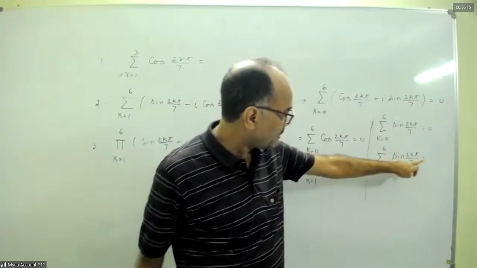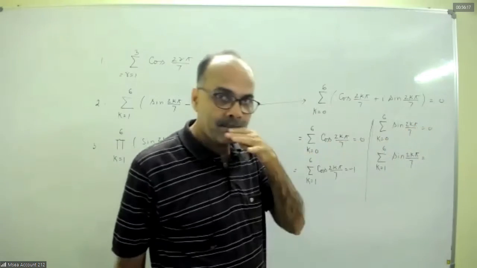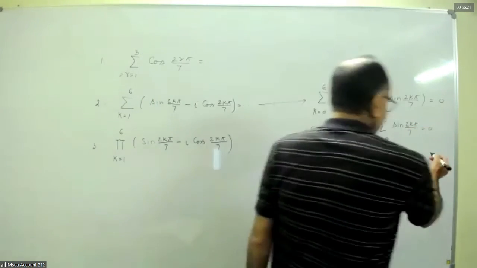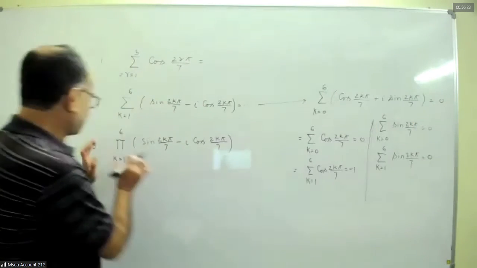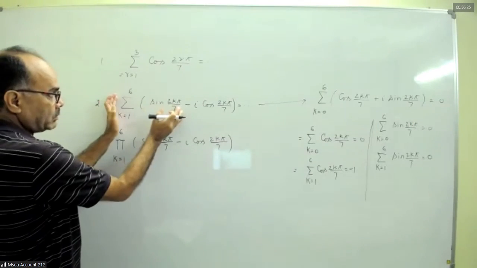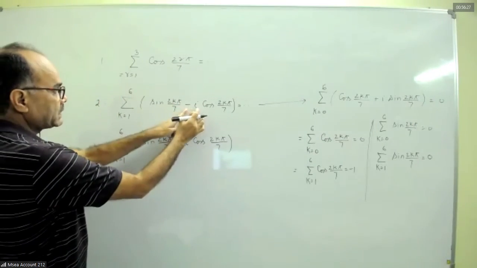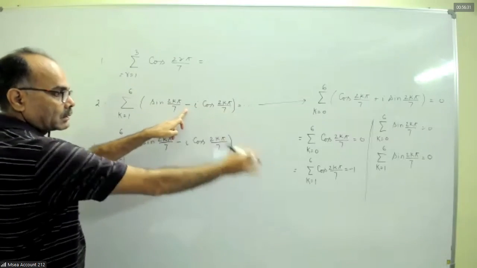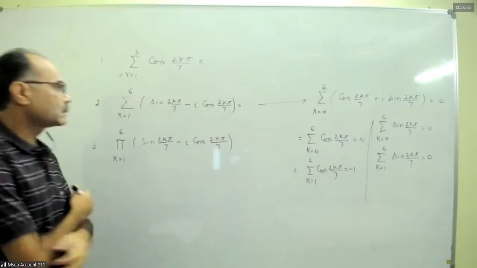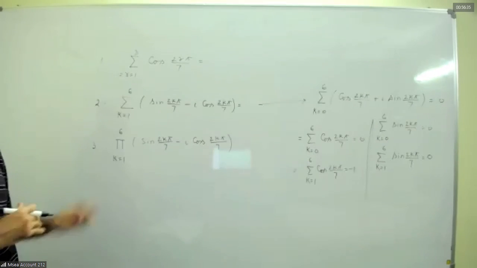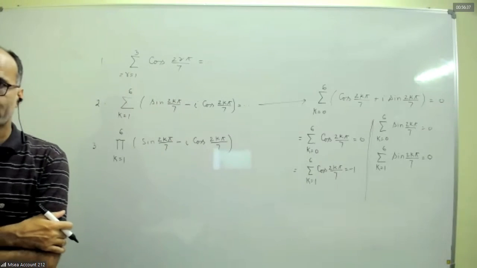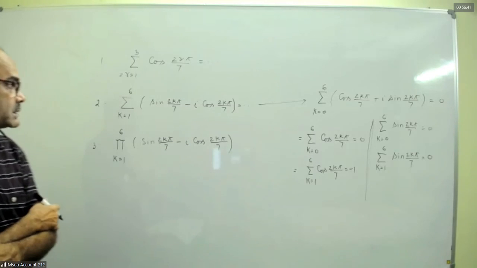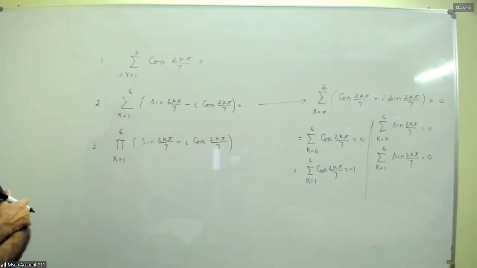Same thing, 0. So the summation of this part is 0, minus i you can take outside, and the summation of the other part is minus 1. So minus i into minus 1 is how much? Plus i. The answer is i.